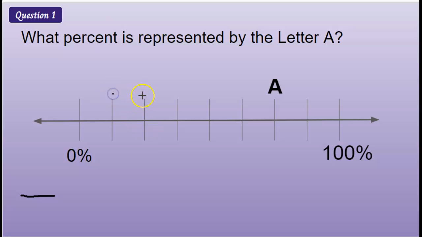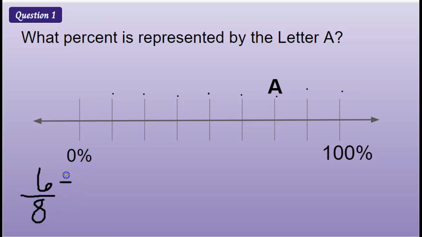So let's count 1, 2, 3, 4, 5, 6, because that's where A is at. 6, 7, 8. So the letter A is on the 6th line out of 8 lines.